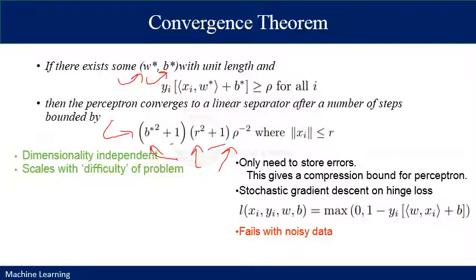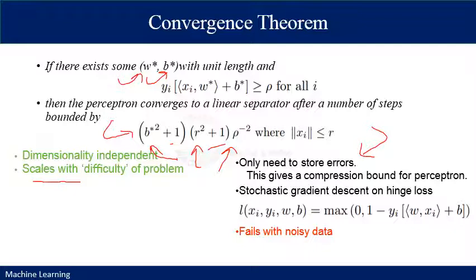The perceptron is usually dimensionality independent, and the number of features usually does not hinder its performance. It scales with the difficulty of the problem, and you only need to store the errors, which are the incorrect classifications by the perceptron.